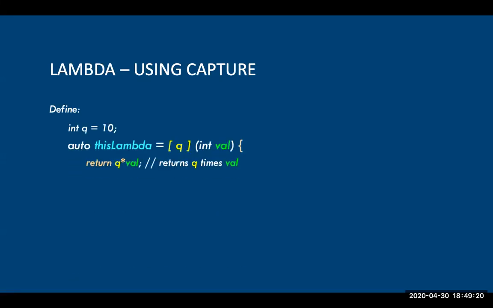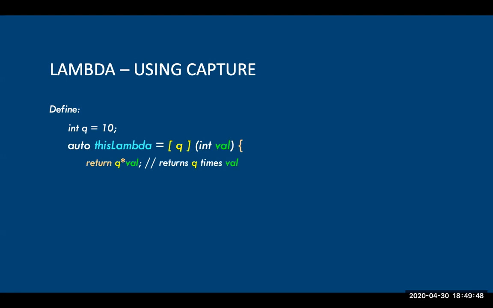So here's our example of capture and the realization of what is happening. Q equals 10, right? And again, think of our functors, our class that we created with our constructor. We said we want our functors to be able to stamp out lots of different functions, right? So sometimes they may have one type of increment, sometimes they may have another. So that's what Q is doing for us here. The value of Q here is 10.